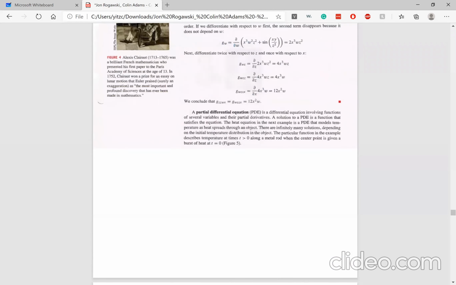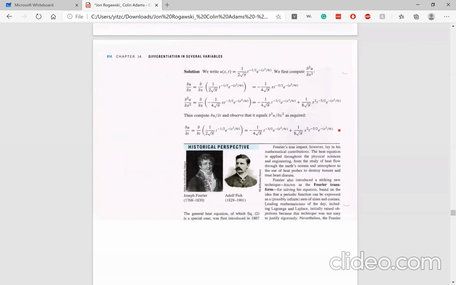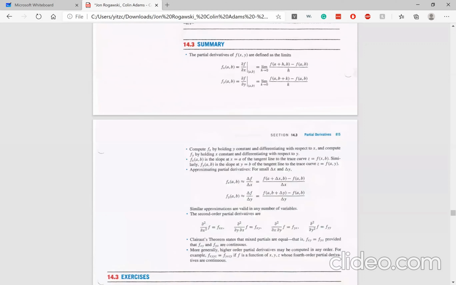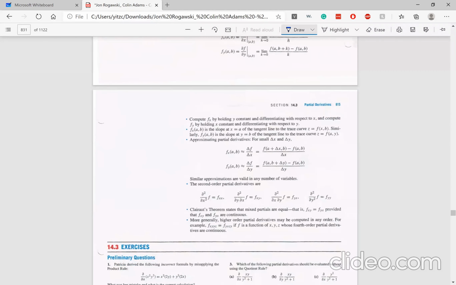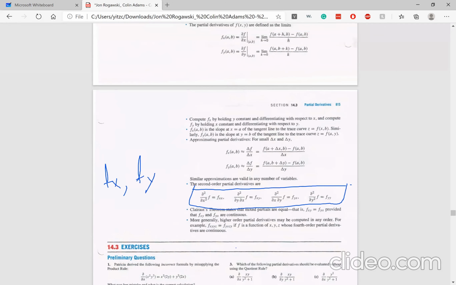So I think we're going to stop here. In summary, the definition of the derivative is similar to the one-dimensional definition. These are the four most important derivatives in a sense, and obviously you have f with respect to x and f with respect to y. And I think we're going to basically finish here.